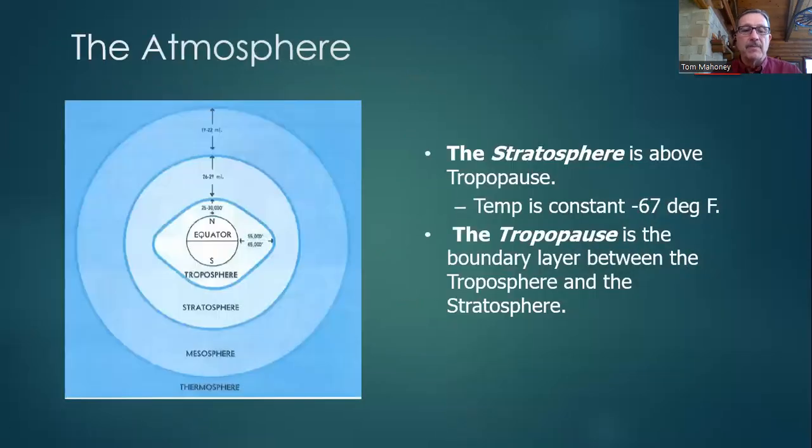There we are. So as you can see, we've got the Earth right here in the middle, and surrounding the Earth is the troposphere. It's egg-shaped. It goes up higher at the equator, less at the poles. And then the little blue line around it is called the tropopause, and the area outside the tropopause is called the stratosphere.